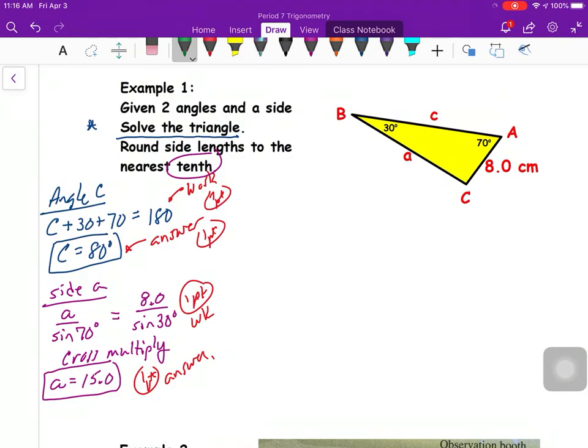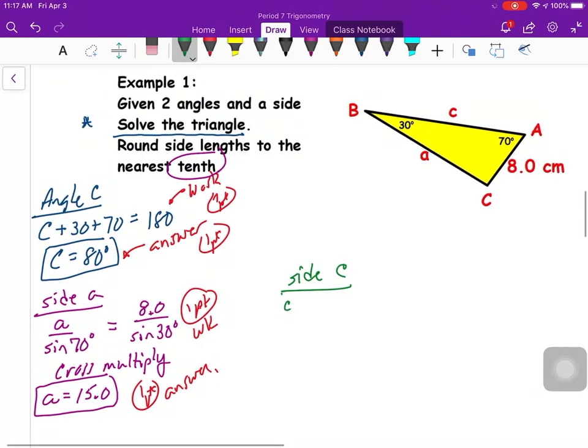The last thing yet to find is the other side. We cannot use the Pythagorean theorem because it is not a right triangle, but we can use the law of sines. So I'm going to use law of sines to find side c.